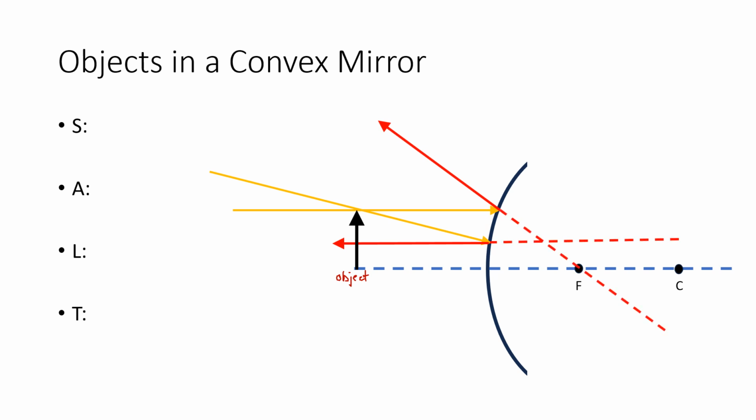There's the one parallel to the principal axis. And so you can see that the image is going to be smaller and virtual. So the size is smaller than the object. The attitude is upright. The location is closer to the mirror, and the type is virtual.